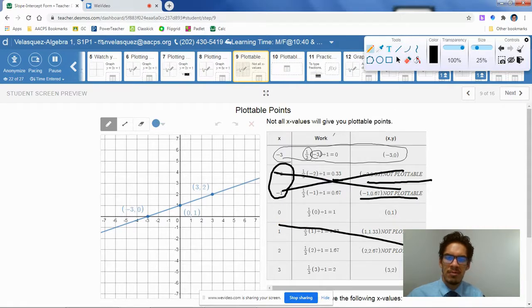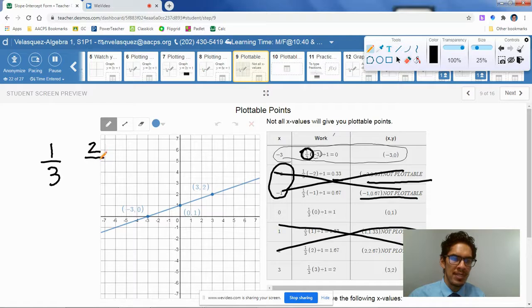And so maybe you might be wondering, how do you know what numbers you plug in that are going to be plottable? And that is all because of this fraction right here. That 1/3, technically you're dividing by 3. And if you're dividing by 3, well, not all numbers you use when you divide by 3 are going to get you nice numbers. So for instance, 2 divided by 3, well, that's not nice.